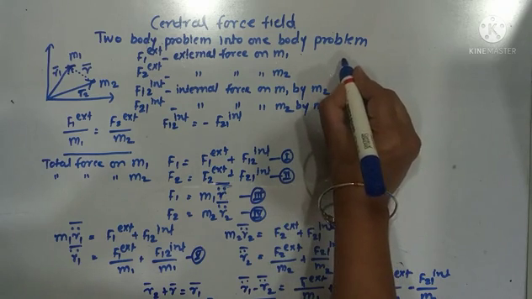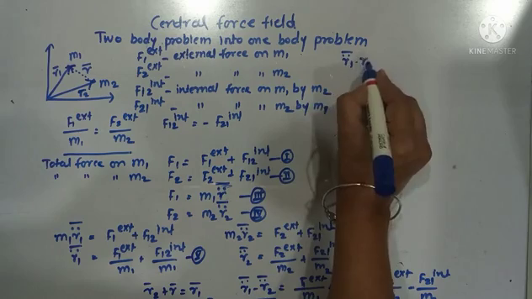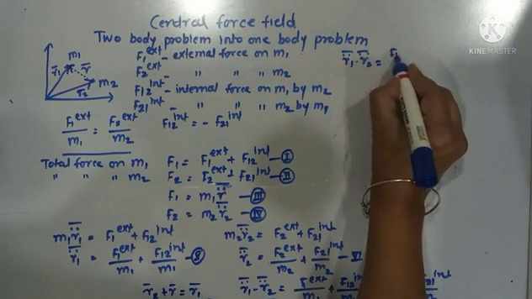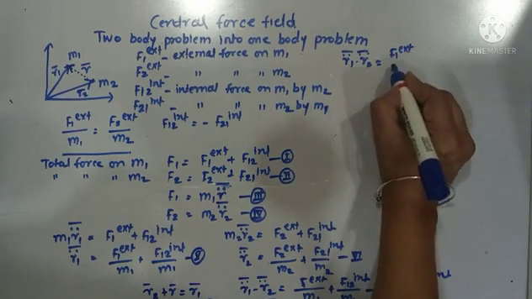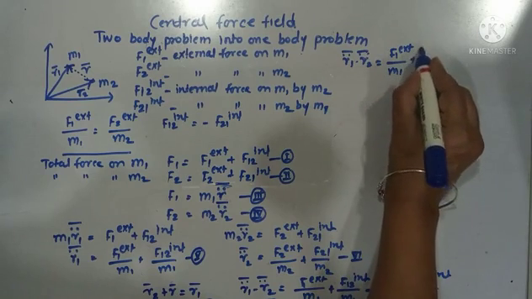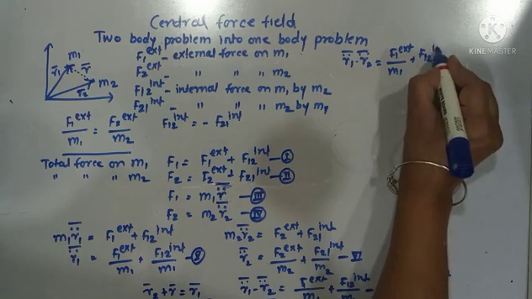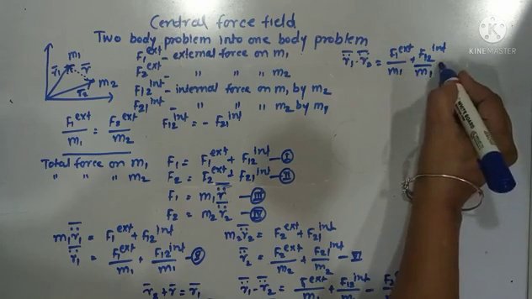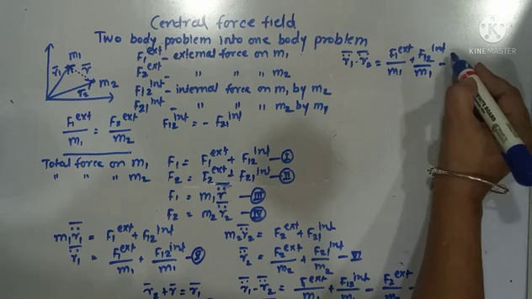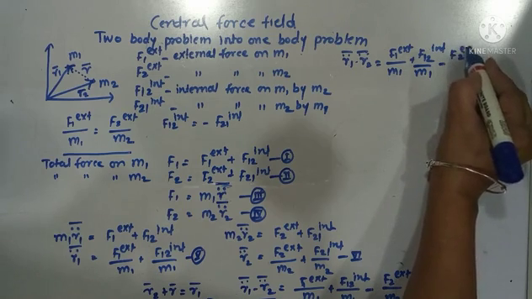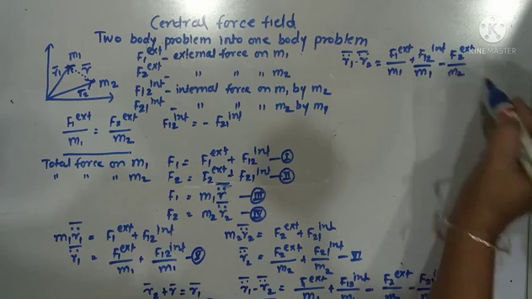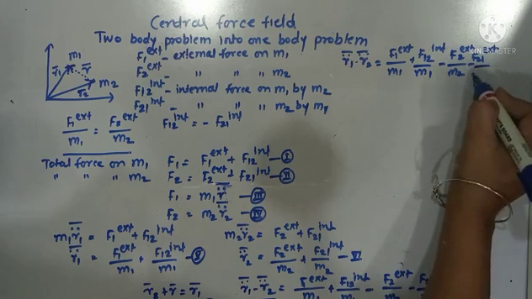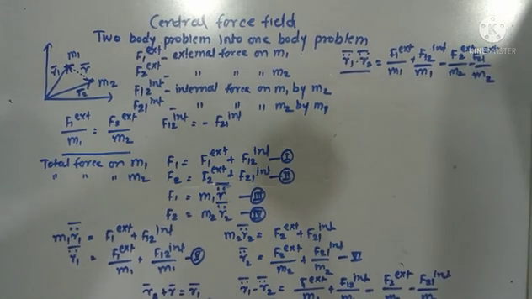So r1 minus r2 is equal to f1 external upon m1 plus f12 internal upon m1 minus f2 external upon m2 minus f21 internal upon m2.